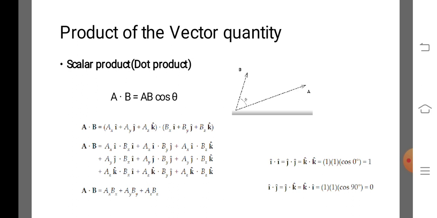This dot product contains two mathematical representation letters, one is A, another one is B. The scalar product is always denoted by a dot.